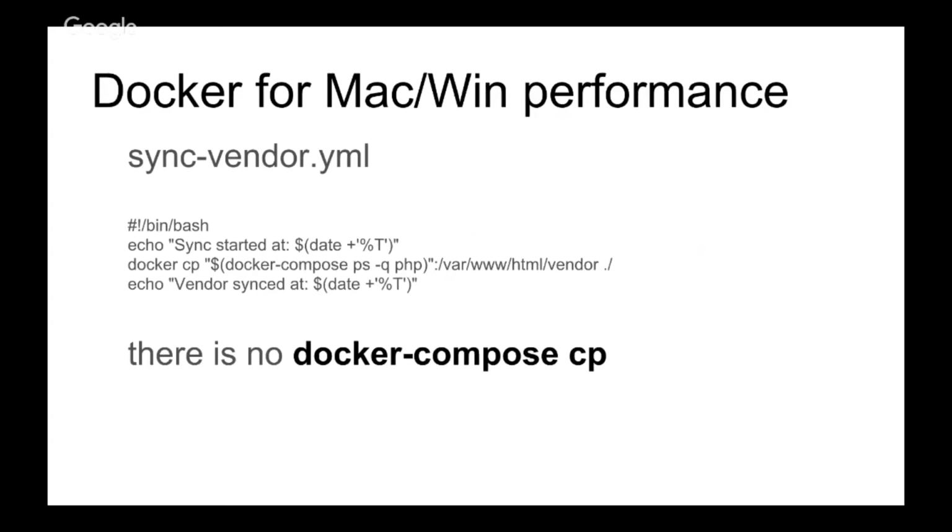So this is the solution, and now the only change in our workflow is that after Composer update, we have to run this just once to have the new third-party code on our host machine, so we can find in that code if we need.